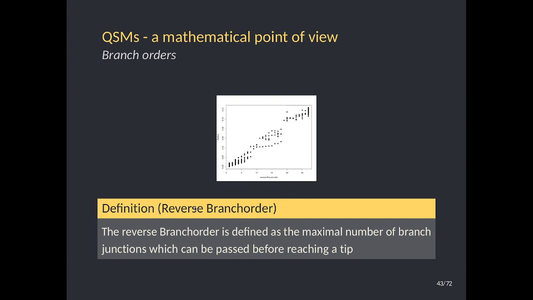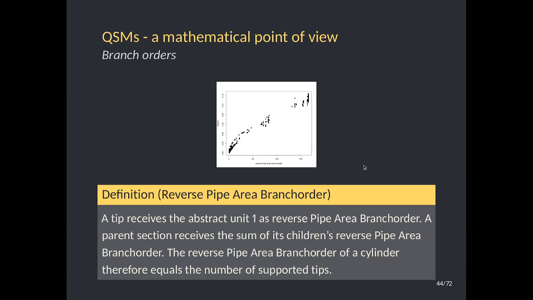Of course we can define the reverse branch order. We count 1 at the tip, and the closer we go to the stem, the larger the branch order gets. And this is already a lot more linear correlation. We can also count for a cylinder: give me all your children and the children of the children, then look for the tips and count the tips which have a child relation to you.